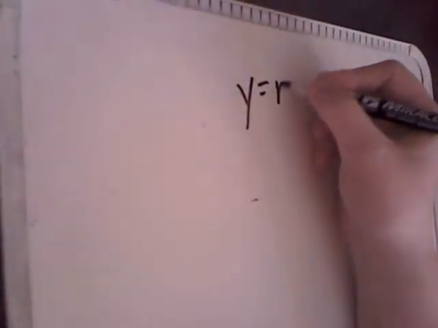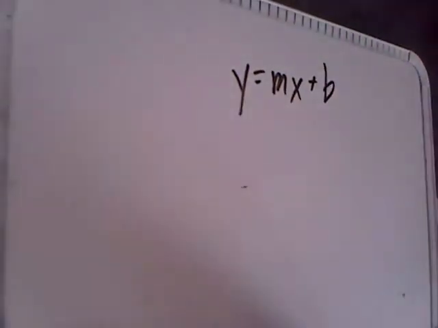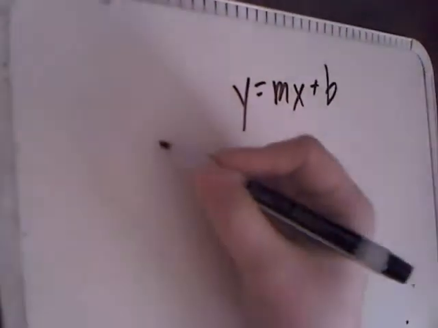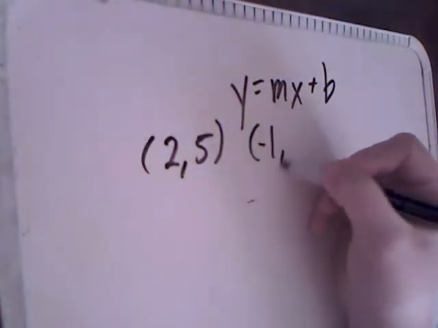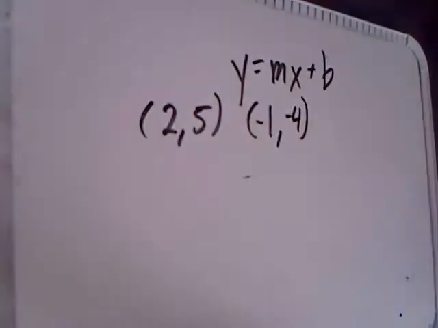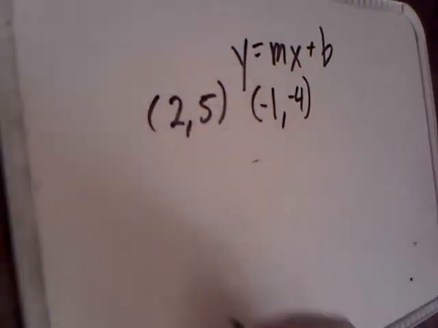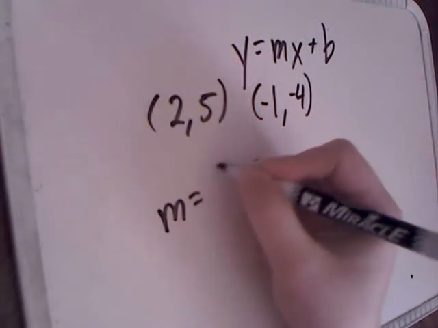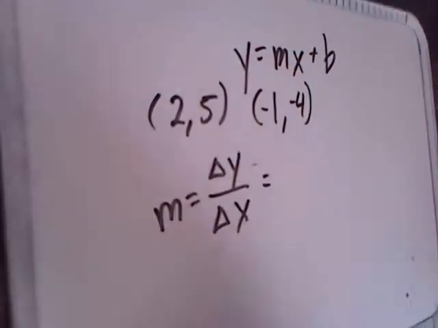Remember that our equation is y equals mx plus b. Our next points are going to be 2, 5, and -1, -4. The first thing I want to do when I'm trying to make a slope-intercept equation is find the slope. Slope is the difference of y over the difference of x.